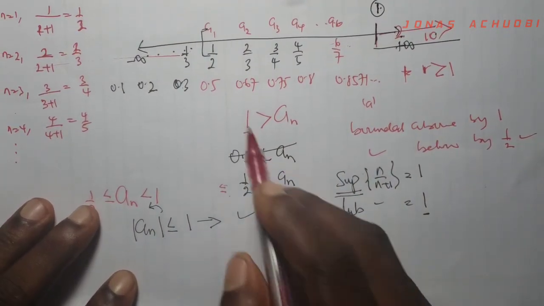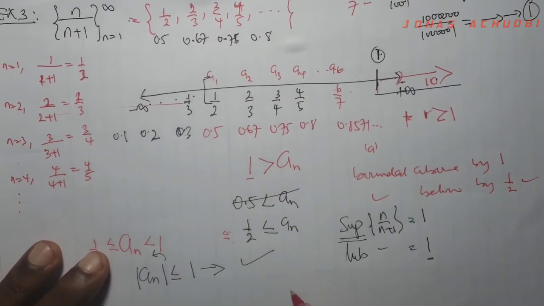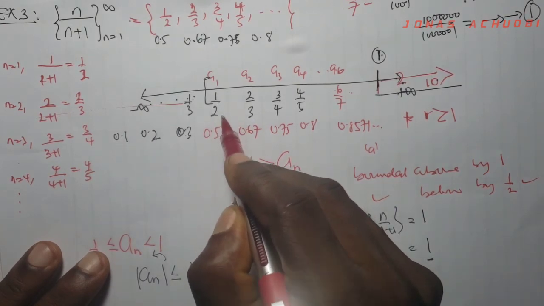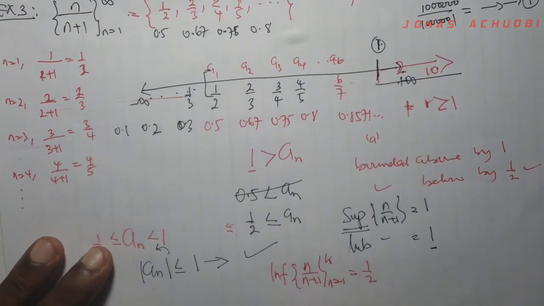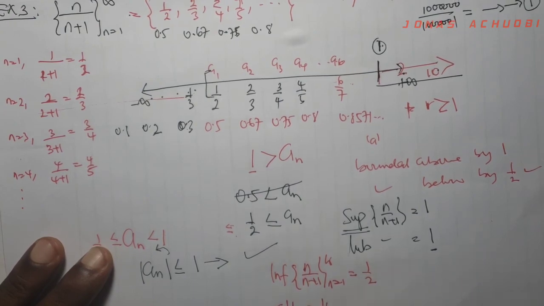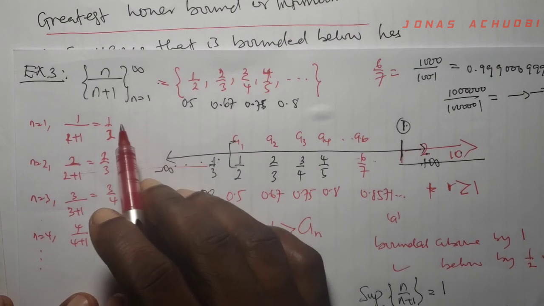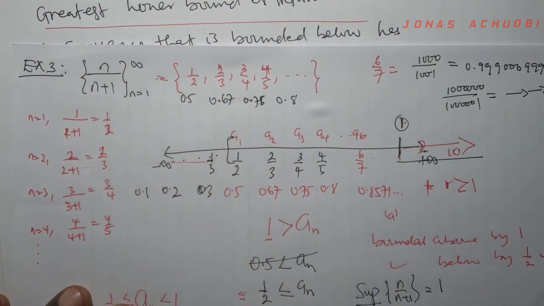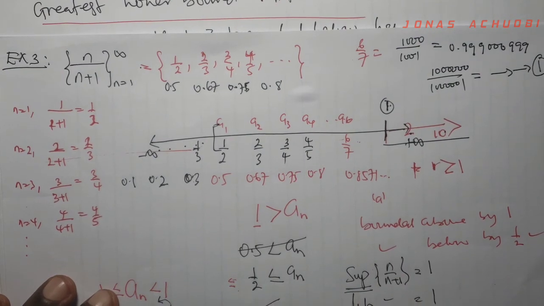So since 1 over 2 is the greatest of all the lower bounds, we now say that the infimum of the sequence n over n plus 1, n from 1 to infinity, is what? Half, 1 over 2. That is the infimum. We call it the infimum, or the greatest lower bound, equal to 1 over 2. Now, this example 3 is a case where our sequence has both infimum and supremum.